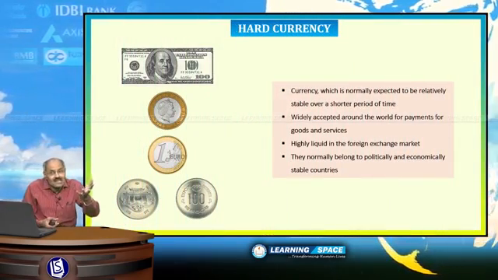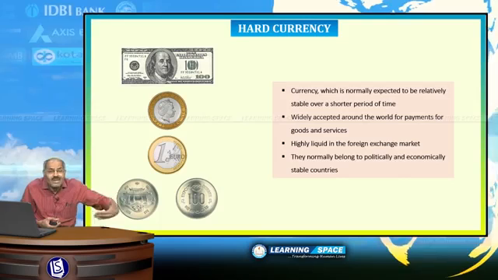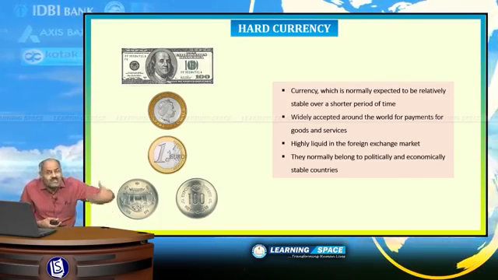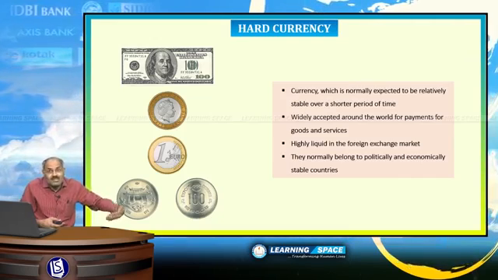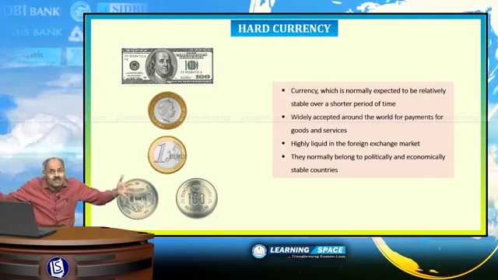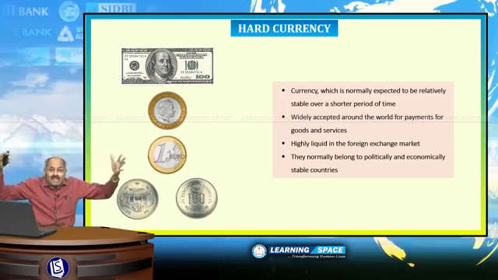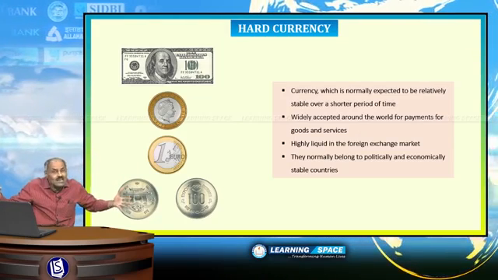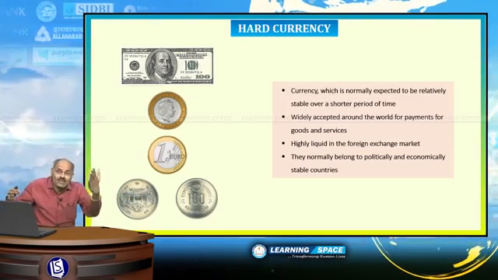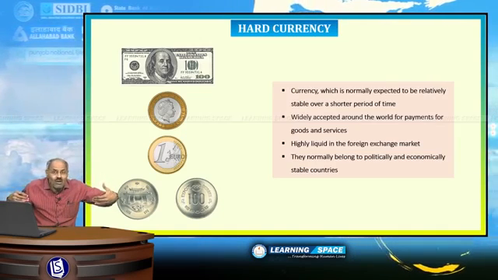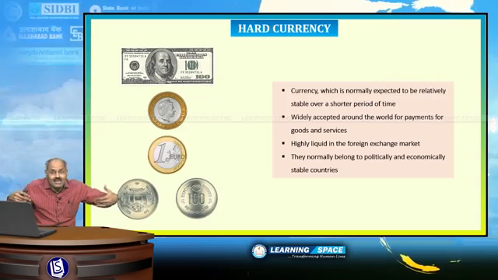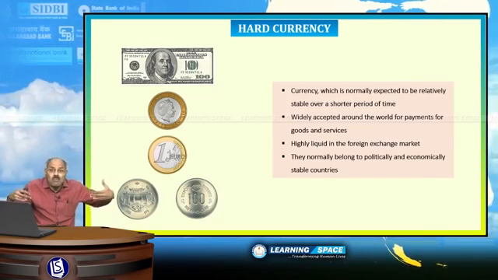Next one is hard currency. Hard currency is the currency which is normally expected to be relatively stable. That is one point. Second point is it is widely accepted for various payments across the world and highly liquid in the foreign exchange market, and they normally belong to politically and economically stable economies.